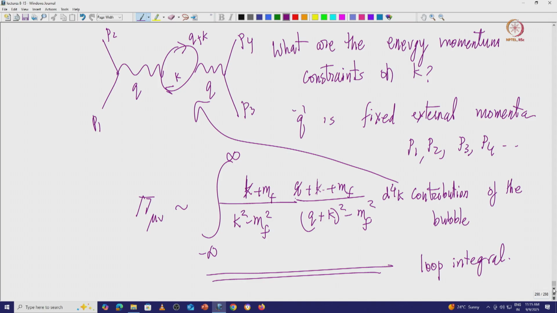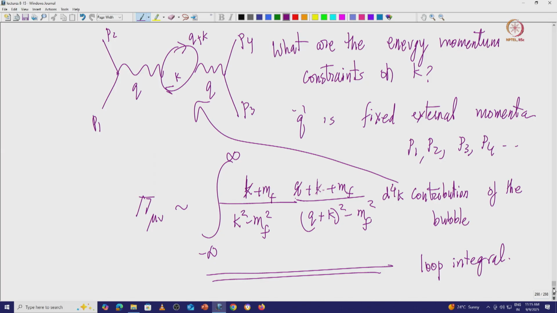This is also a box. So a box is also a kind of loop. All of these are loops. So in higher orders you will end up having this unconstrained k, a new integral, which is coming because of the unconstrained momentum of the virtual particles.